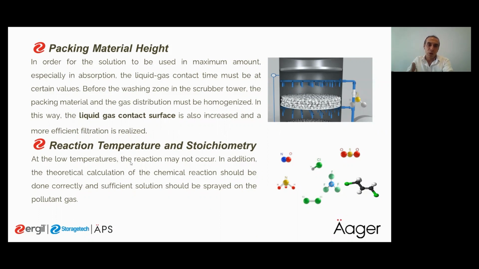And the stoichiometry will be defined correctly by the chemical engineers. Because when oxygen comes through with the sulfur, it does not always produce sulfur dioxide, maybe sulfates, these kinds of things. This stoichiometry will be calculated by the experts or chemical engineers.